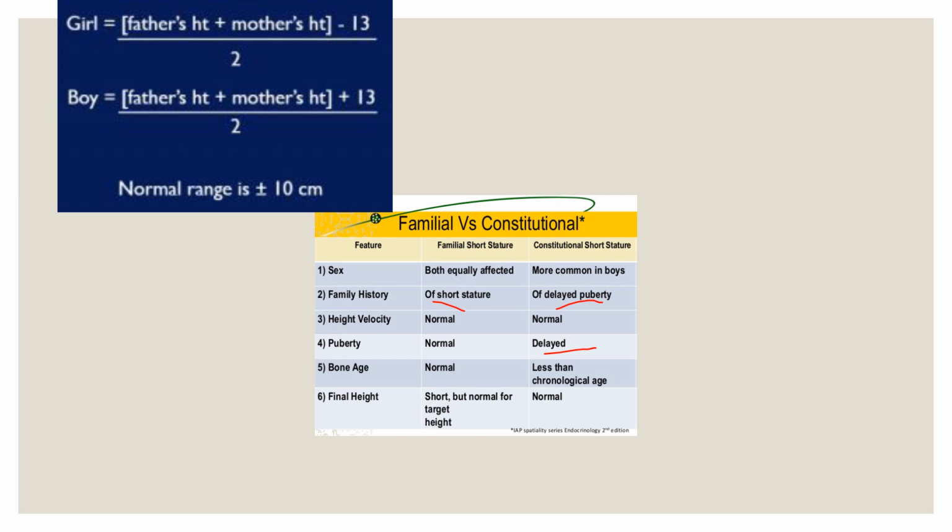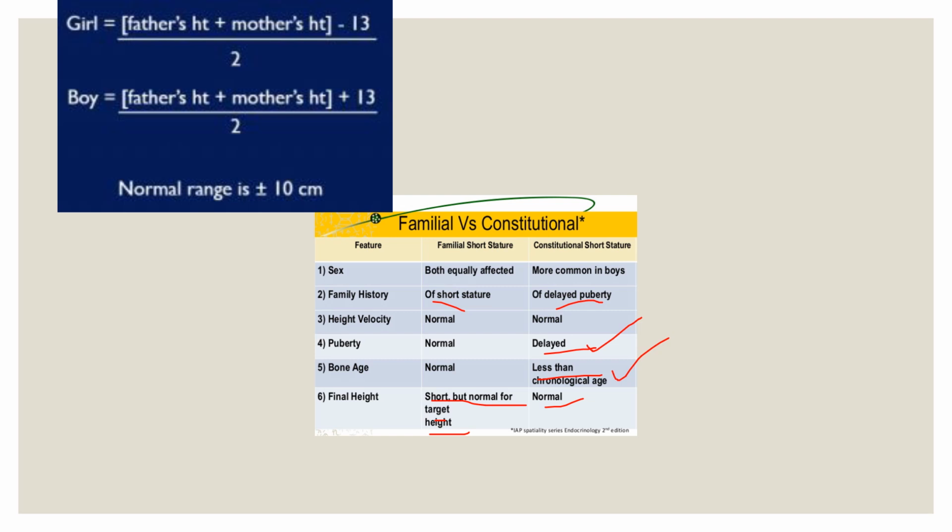The bone age will be less than chronological age in constitutional short stature, but will be normal in familial short stature. So the final height will be short, but normal for the target mid-parental height. In constitutional, the final height will be normal. They are just slow. Their puberty is delayed, their bone age is less than chronological age, but they finally hit a normal final height.